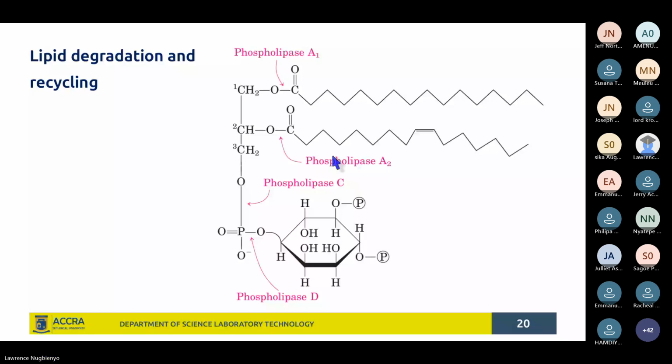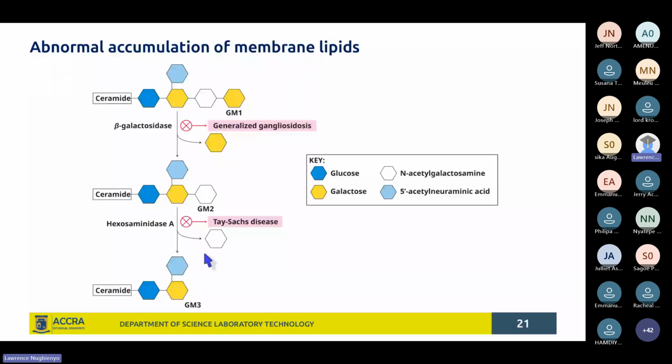Now, this brings us to some disease conditions that can occur due to some genetic disorders that result in some abnormal accumulation of the membrane lipids.